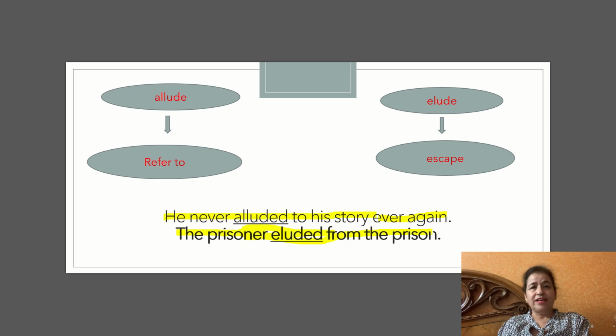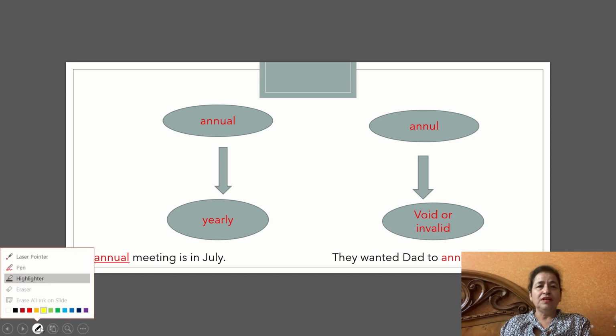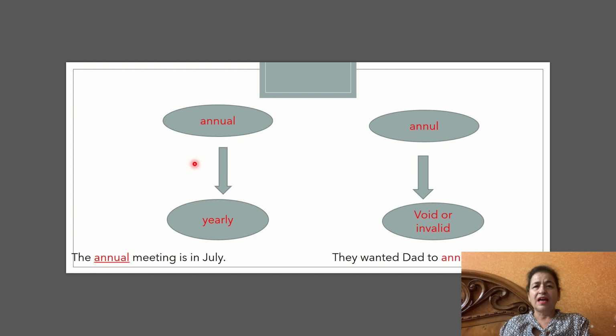Now the second pair of words in the list is annual and annul. Annual, you know, is once a year, right? And the second is annul. Annul means void, invalid. Talking about annual, I'll give you a sentence again. The annual meeting was in July.